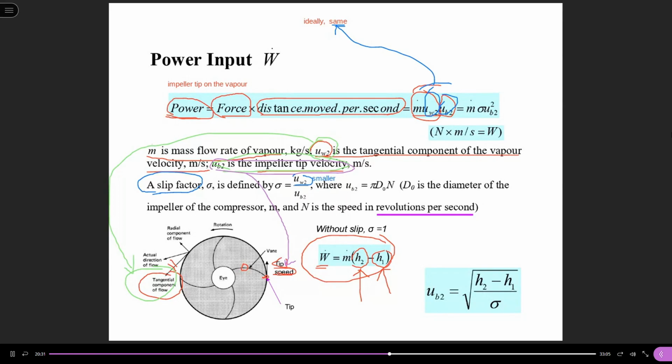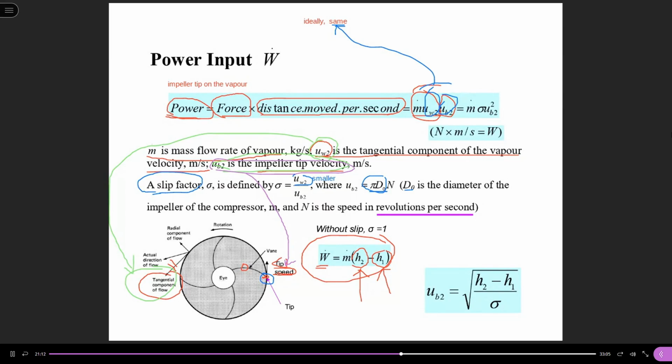So for the impeller tip velocity, we recall what we have learned. For the mathematics, the calculation becomes: this is the tangential component of the vapor velocity, and the impeller tip velocity will be equal to the equation, where D is the diameter of the impeller of the compressor, times pi, so that is for one revolution.